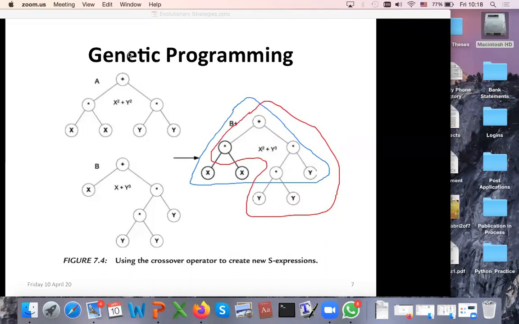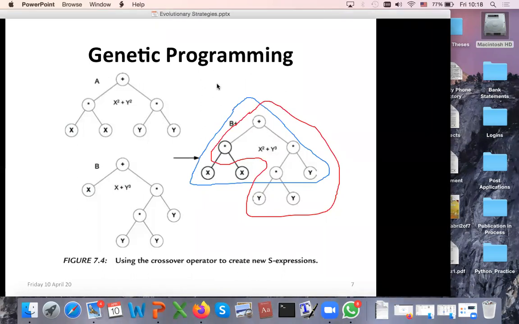This is just giving you an idea that people are also using this operation crossover somewhere, and this crossover operator has things like that. So this is just an example. This is not exactly the crossover operator that we have in genetic algorithm, but you can say this is an example of genetic programming.